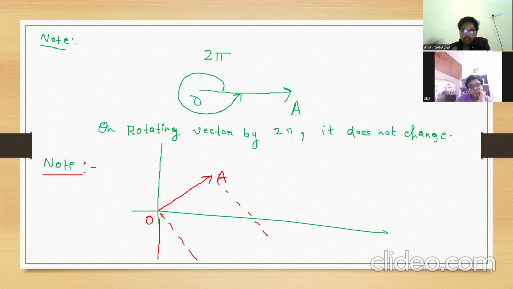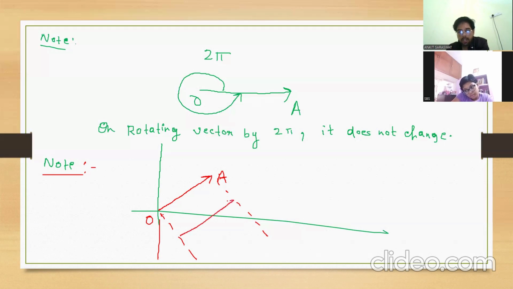I can shift this vector a little bit parallel to itself. The condition is that you should not change the direction and magnitude. You should move it parallel. Parallel lines have the same slope and same magnitude. So you can take this vector and translate it parallelly.